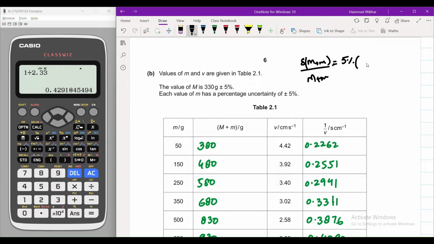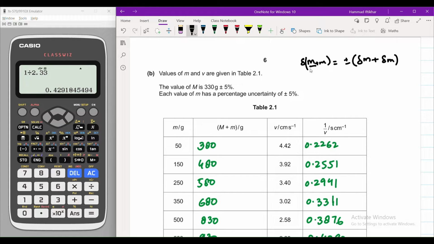They've given us the percentage uncertainties, so we need to find the absolute uncertainty. We know that when we add or subtract quantities, their uncertainties add up. So it is plus minus delta M plus delta m.